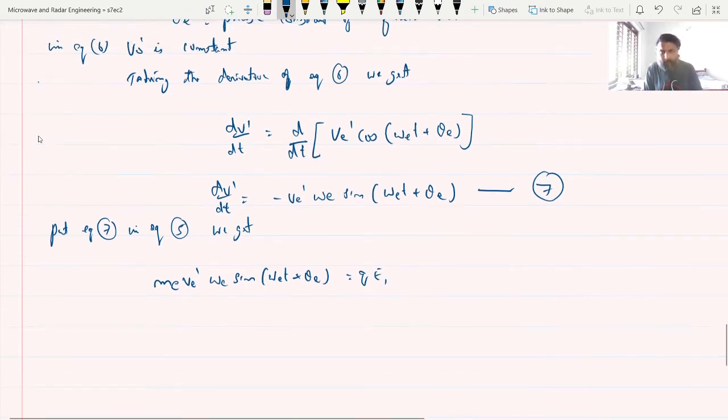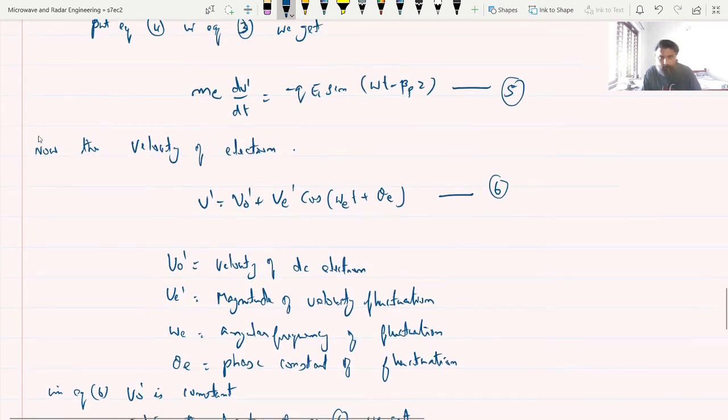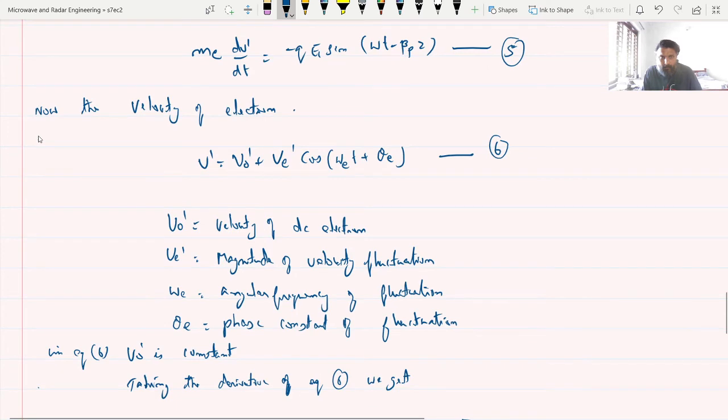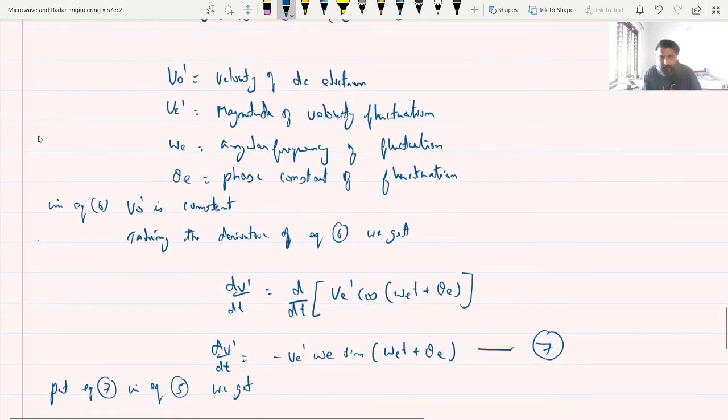Put equation 7 in equation 5. Equation 5 is nothing but me dv dash by dt equal to QE1. The minus and minus will cancel.